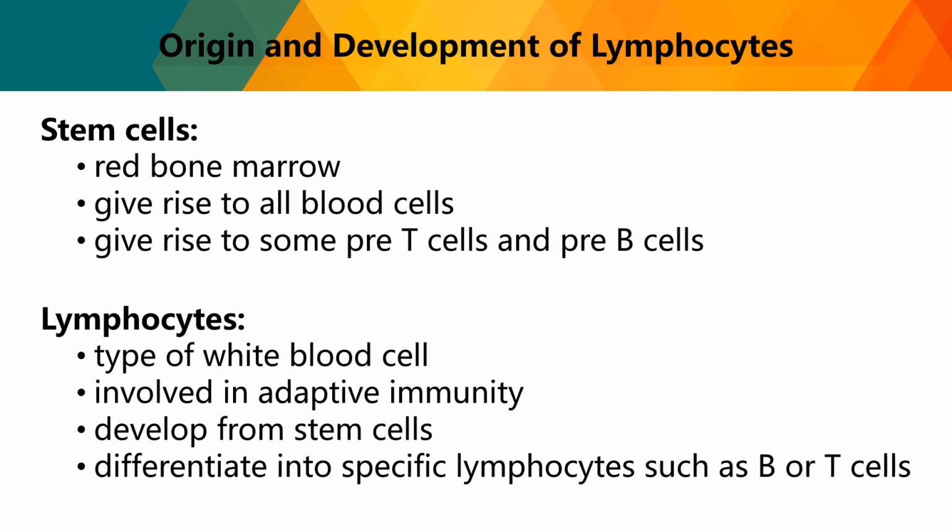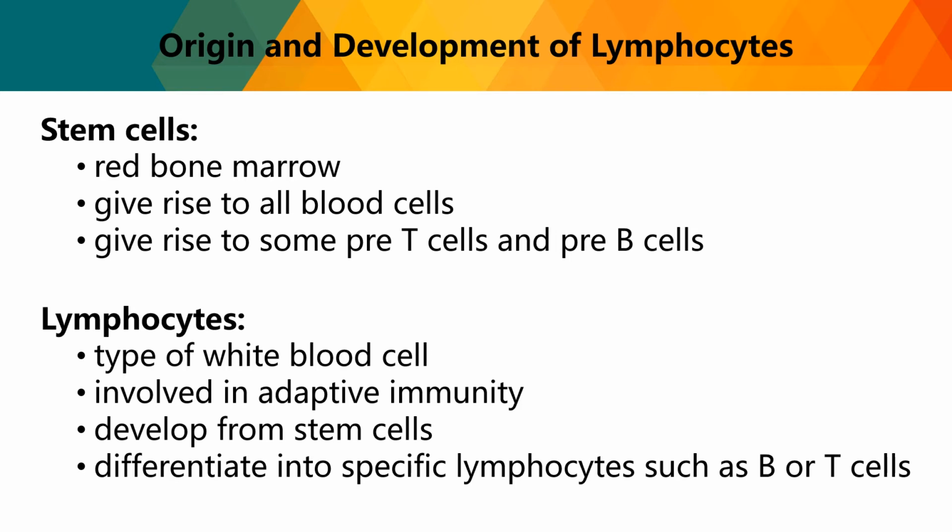So to understand how lymphocytes are responsible for antibody-mediated and cell-mediated immunity, it is important that you know how lymphocytes originate and become specialized immune cells. First we have your stem cells, which are made in your red bone marrow and are capable of giving rise to all different types of blood cells.